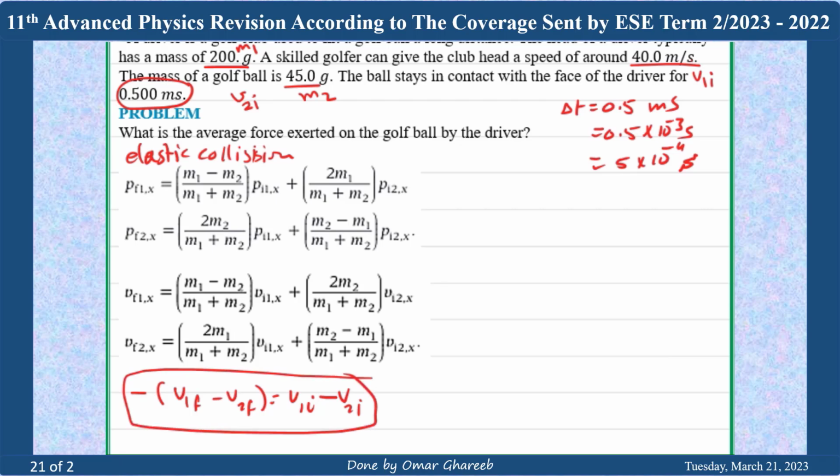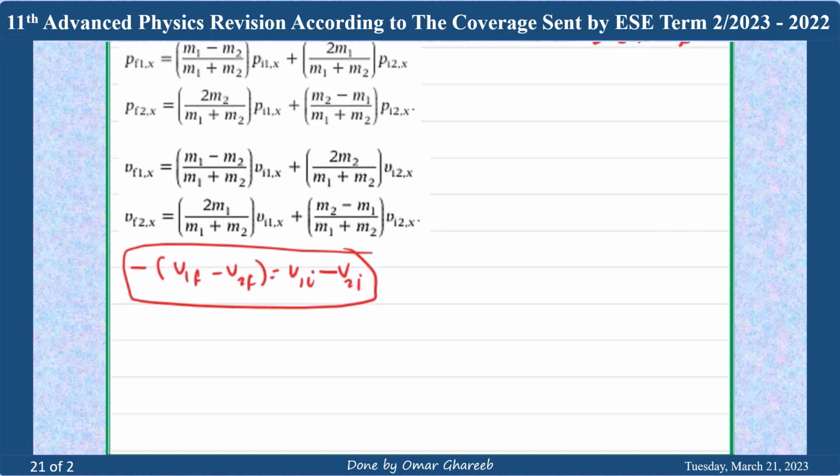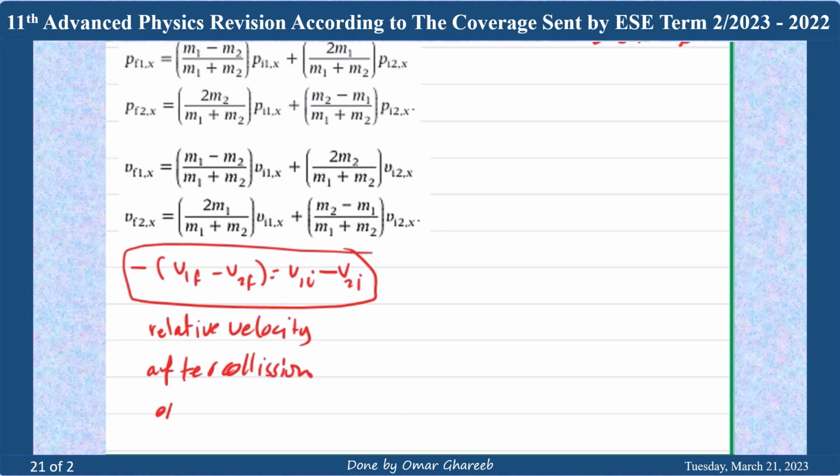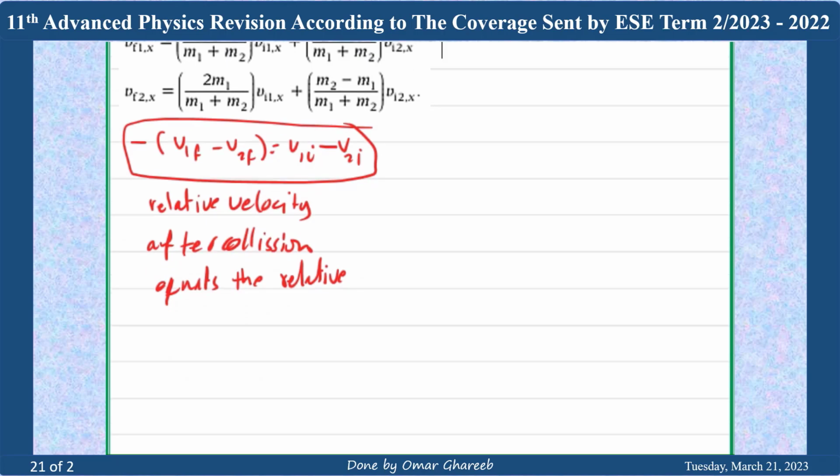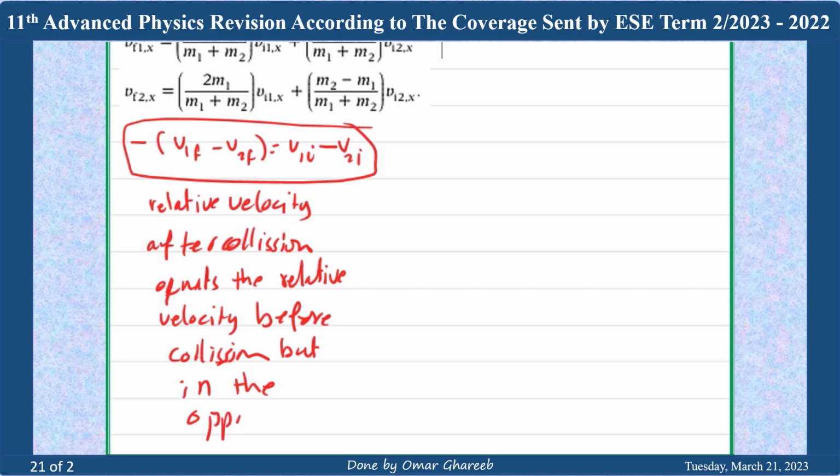It means that the relative velocity after collision equals the relative velocity before collision, but in the opposite direction.